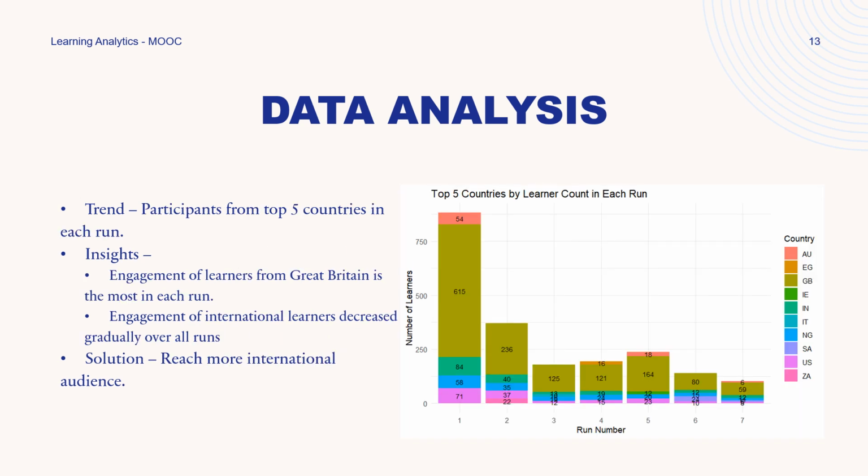In the next analysis, I have taken the top 5 countries from each run and shown the learner count based on the countries. As we can see, the engagement of British learners is the highest in each run. My suggestion for the provider would be to reach out to a more international audience and increase their engagement in the course.